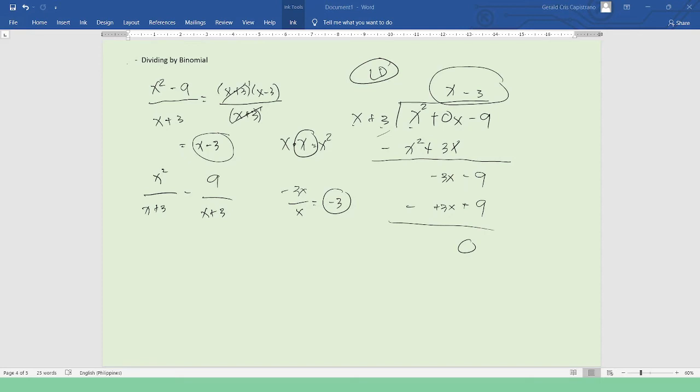So, for synthetic division, there are some preparations na kailangan muna natin gawin when we talk about synthetic division. So, first, kailangan mo pa rin, ito ay sa synthetic na. Ito actually yung shortcut when we talk about division by binomials. Or wherein, magdi-divide ka na ang divisor mo ay isang binomial. So, ito yung tinatawag nating synthetic division.